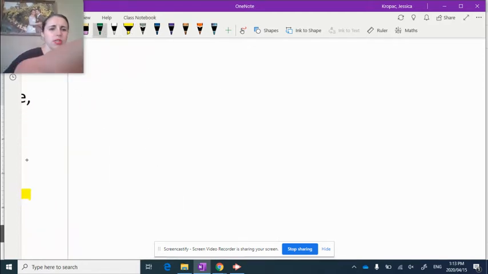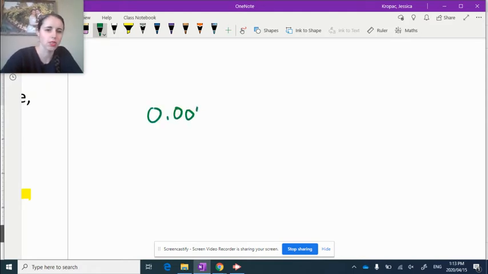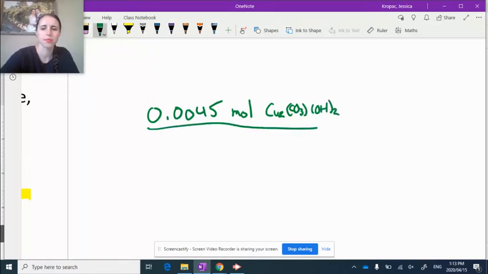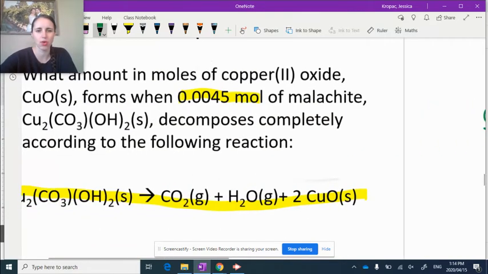So I am going to start with the number of moles I was given, and the number of moles that I was given was 0.0045 moles, and that was for this compound Cu2CO3(OH)2. I'm looking for information about, well, let's go back and read my question.